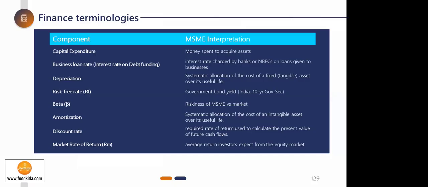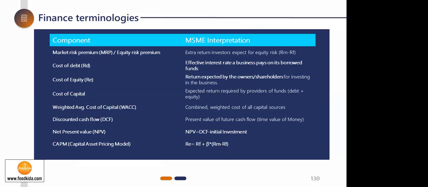Now, market risk premium or equity risk premium, MRP or ERP. MRP is also max retail price, but here MRP is market risk premium. What does that mean? My risk-free rate is 7%, which is the return you get on a government security bond for 10 years.